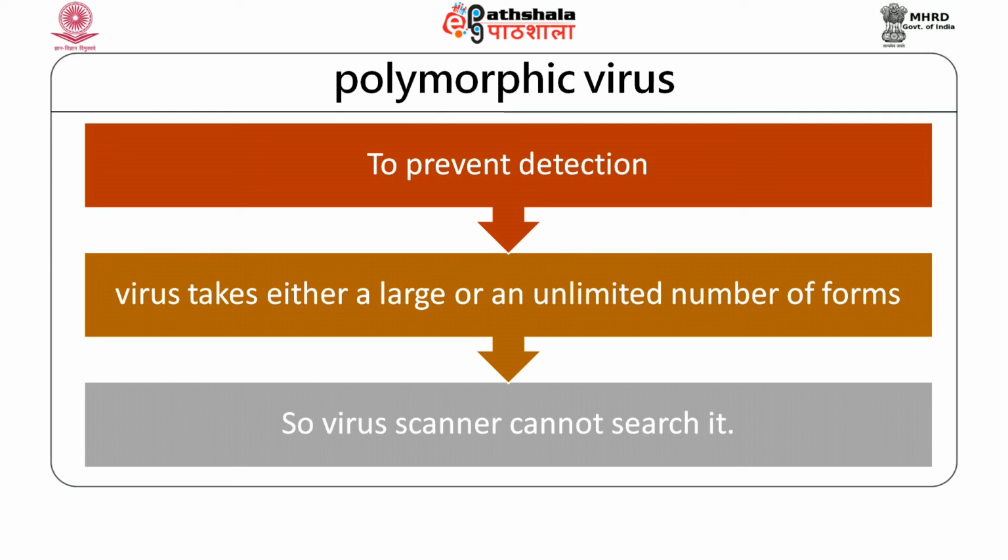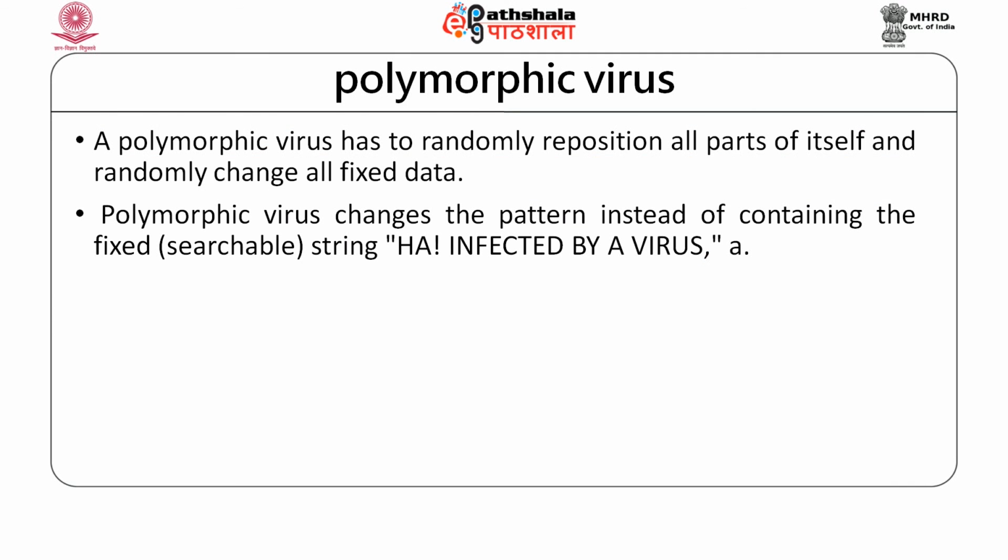Going ahead with the polymorphic virus, to prevent detection, the virus takes either a large or an unlimited number of forms. The virus scanner would not be able to search for it. A polymorphic virus randomly positions all parts of itself and randomly changes all the fixed data.